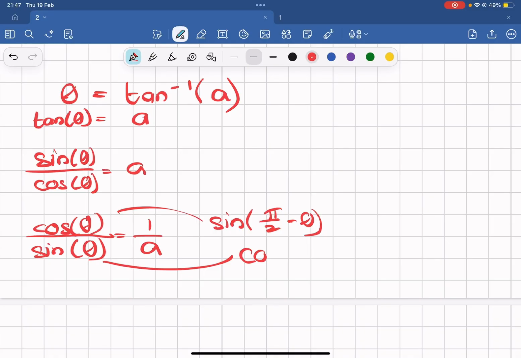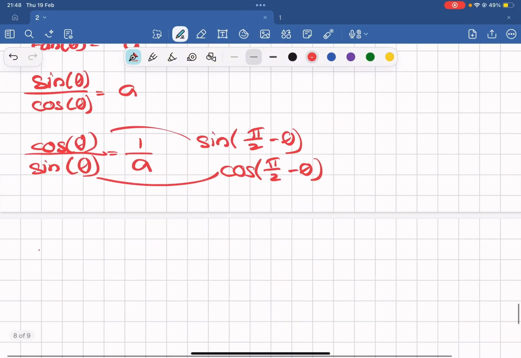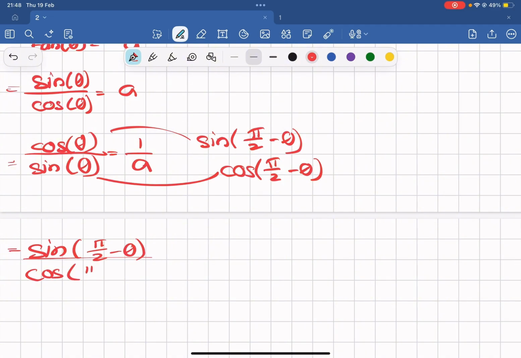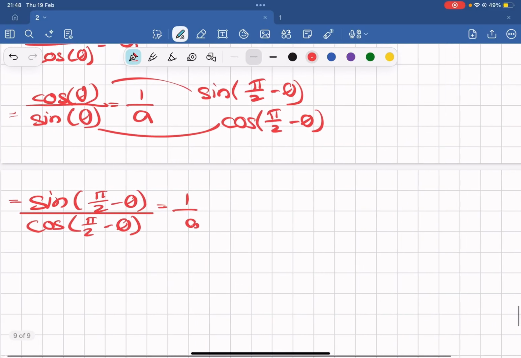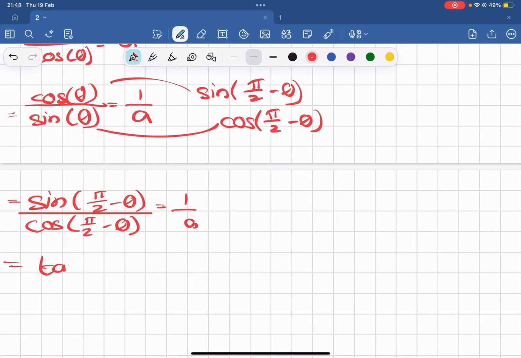Conversely, sine theta equals cos of pi over 2 minus theta. So we have sine of pi over 2 minus theta over cos of pi over 2 minus theta equals 1 over A. Now the left hand side can just simplify to tan of pi over 2 minus theta equals 1 over A.